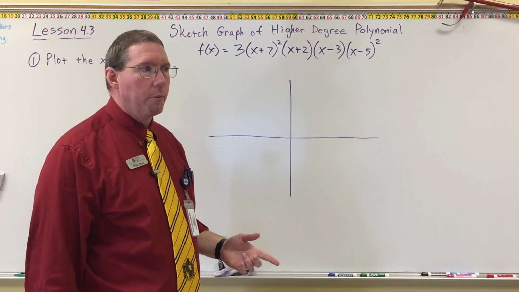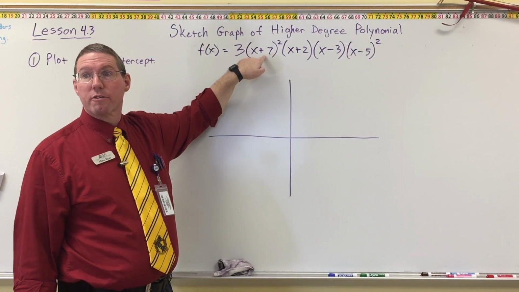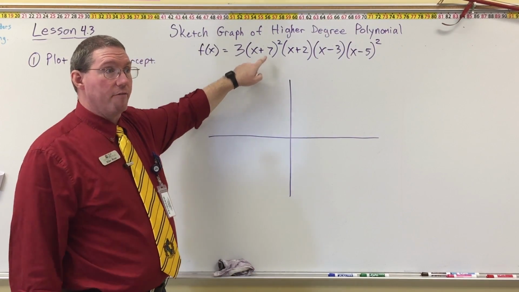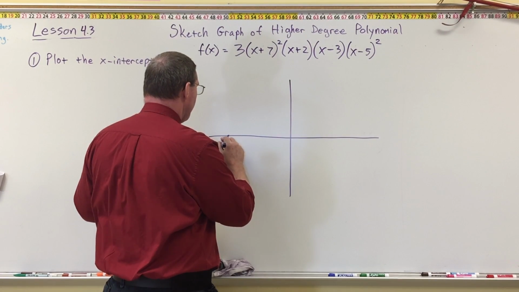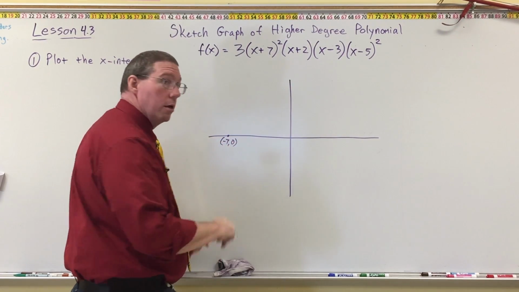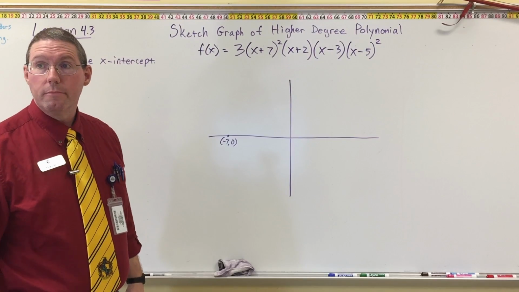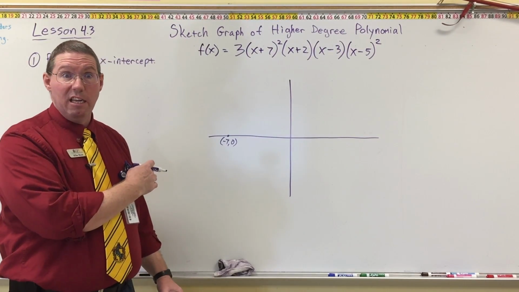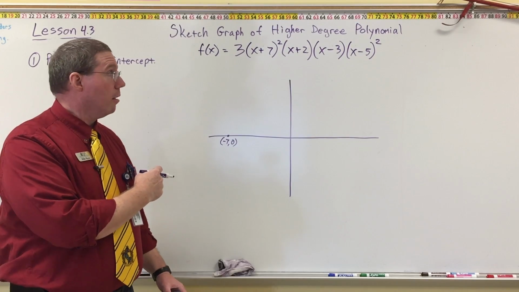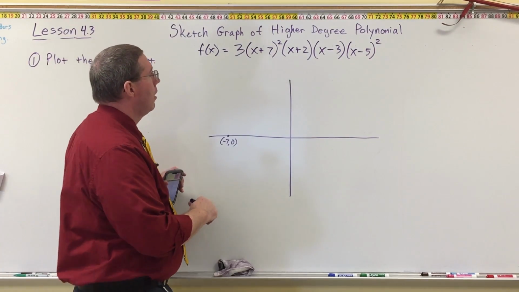Okay? So now here's what I want to know. What is the 0 of this factor? -7, right? So one of our x-intercepts is going to be (-7, 0). We're okay so far? That was easy, right? Okay, cool. What's our next 0? -2.